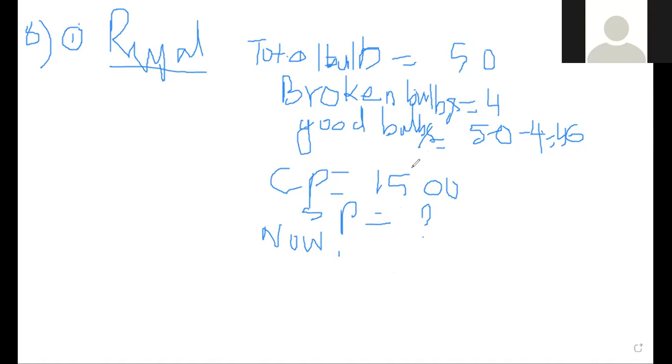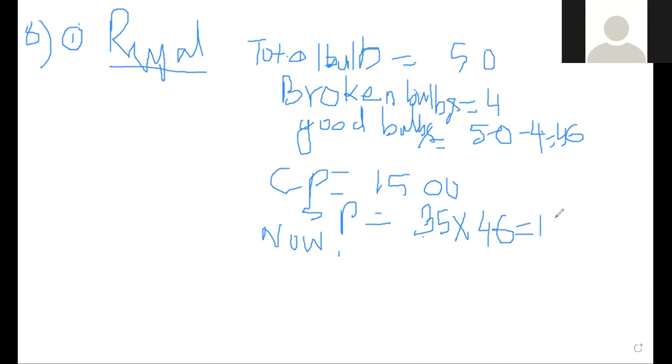Then SP of how many bulbs do we have to find? The remaining bulbs, 46 into 35. 46, sir, because 46 were the good bulbs. Multiply them. 46 multiplied by 35, it comes to 1610.